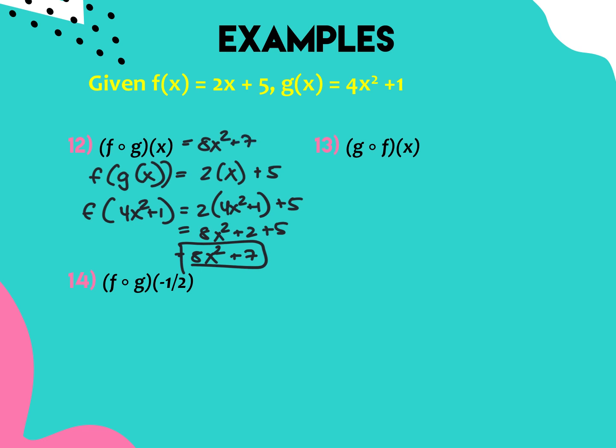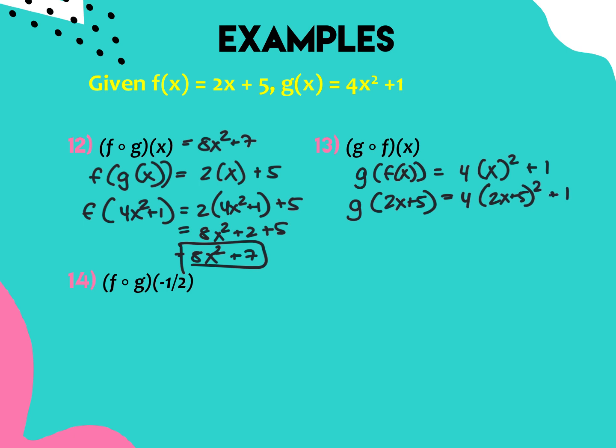And again, g of f of x. The formula for g of x is 4 times x squared plus 1. So if f of x is equal to 2x plus 5, then that's what I'm going to substitute in for x. And I'm going to get 8x plus 20. Oh, no, sorry. I have to square that first.